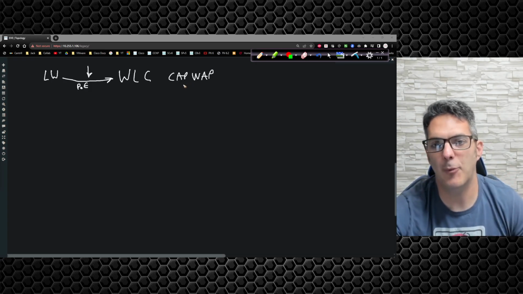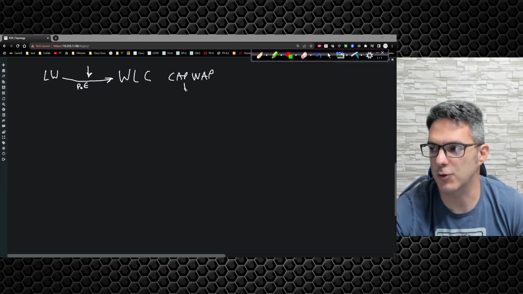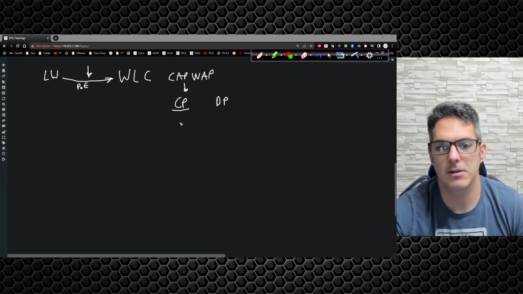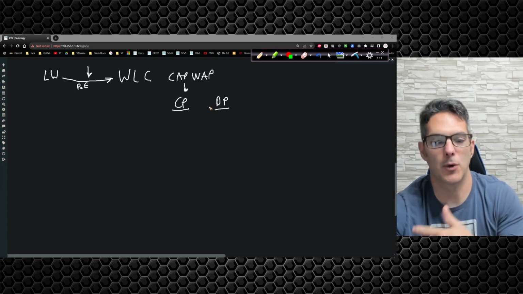You have a CAPWAP tunnel which is going to be control plane, so I'll put CP here for short. And then you also have one that's data plane. If I remember correctly, the control plane one is encrypted between the controller and the access point, and the data plane one is not encrypted.